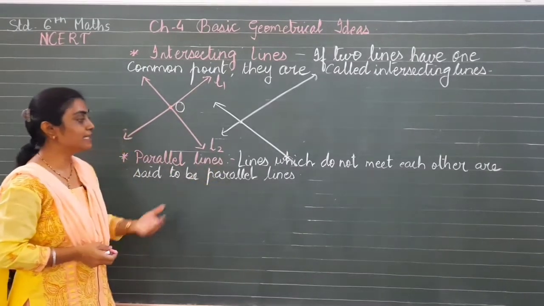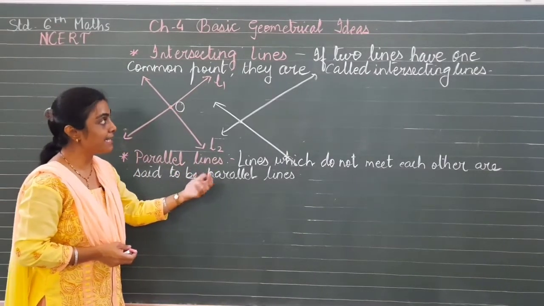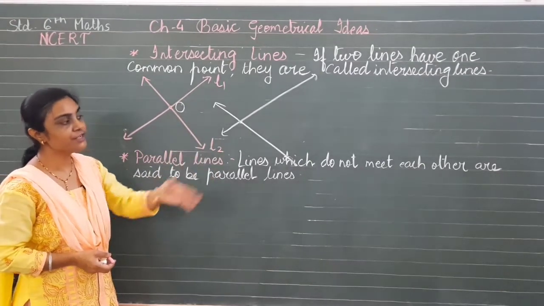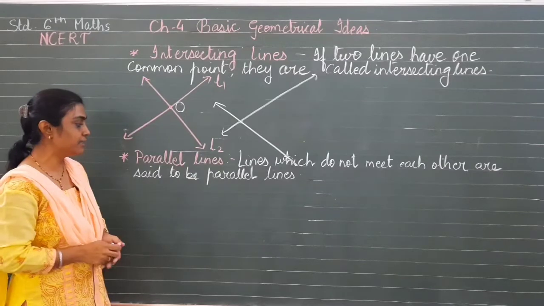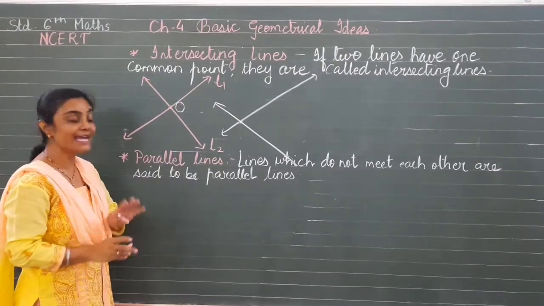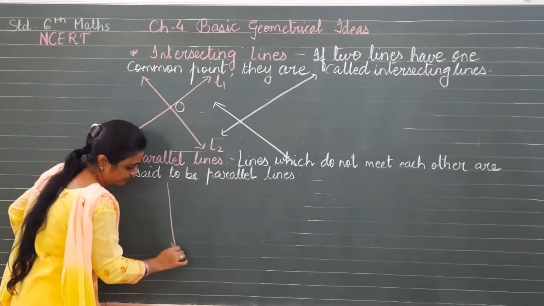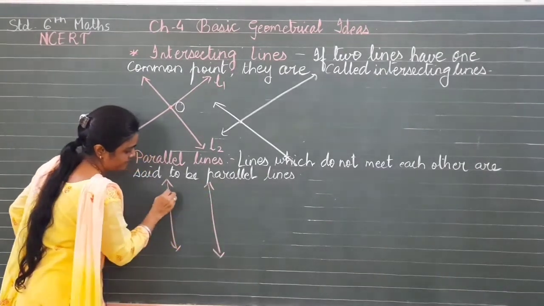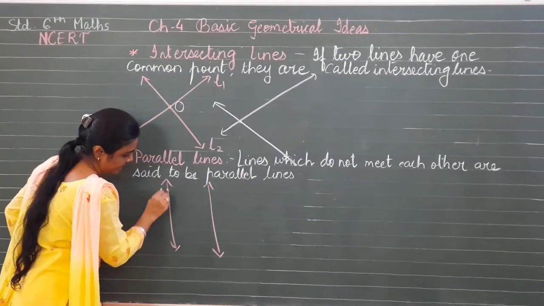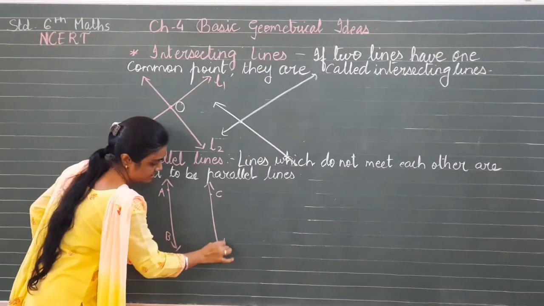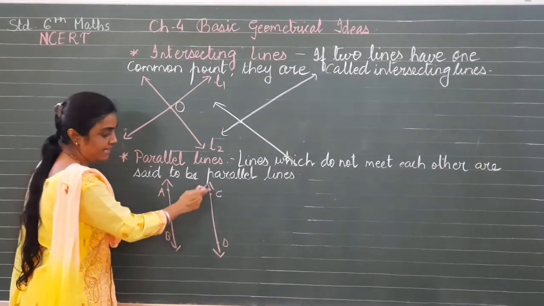Now let us move to the next topic, that is parallel lines. It is the opposite of intersecting lines. Lines which do not meet each other are said to be parallel lines. That means these two lines will never meet each other. Suppose I am writing this as A, B, C, D. That means line AB, line CD.